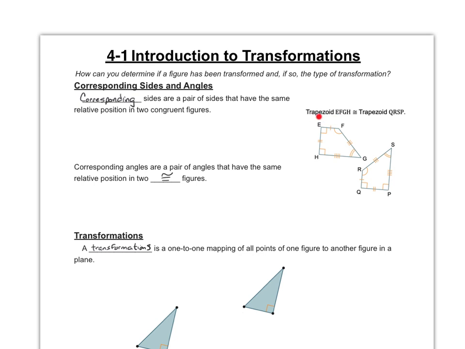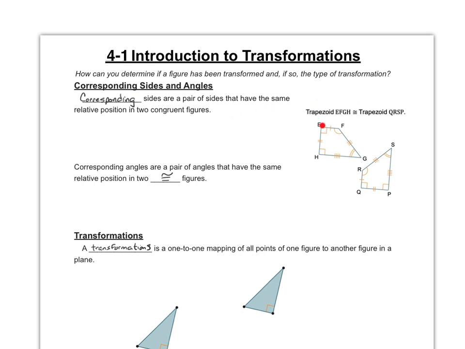So again, here we have trapezoid EFGH is congruent to trapezoid QRSP. These two trapezoids are congruent, but they have been somehow moved around, and just thinking about it, the corresponding sides are a pair of sides that have the same relative positions in two congruent figures.